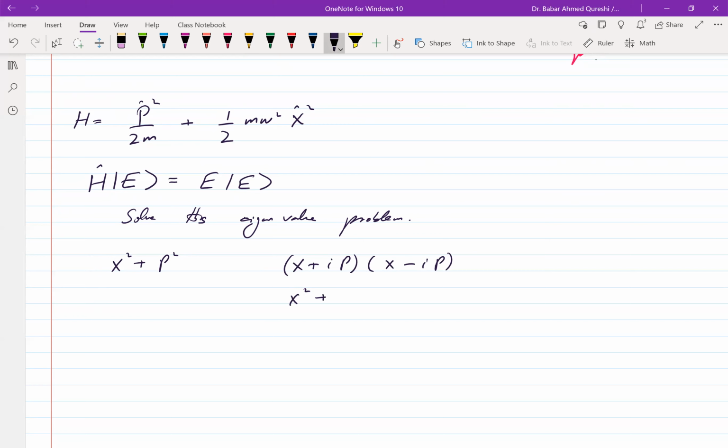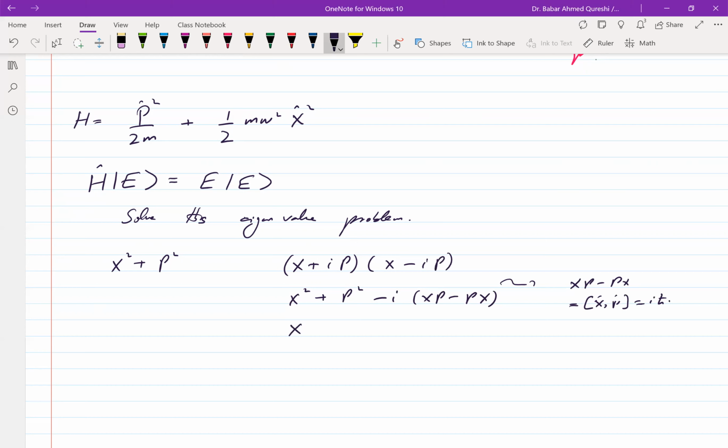So this will give me x square plus p square, but also things like this. If they were classical, they were just variables, then this term would cancel, but now it doesn't cancel. Rather, xp minus px is just this commutator, which I know is iota h bar.